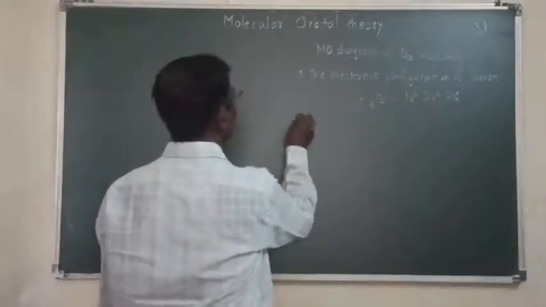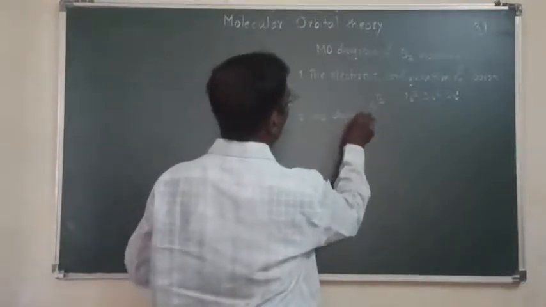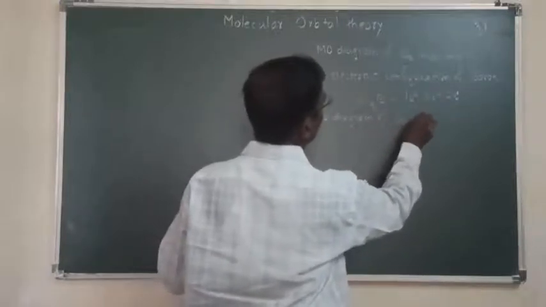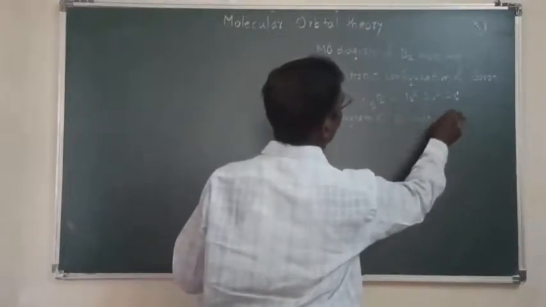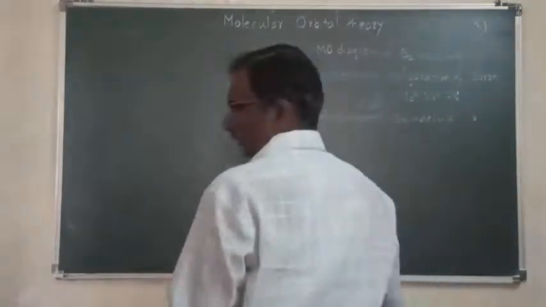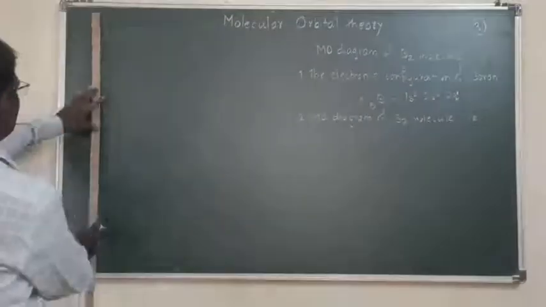Then second point, MO diagram of B2 molecule. Then we can draw the MO diagram.